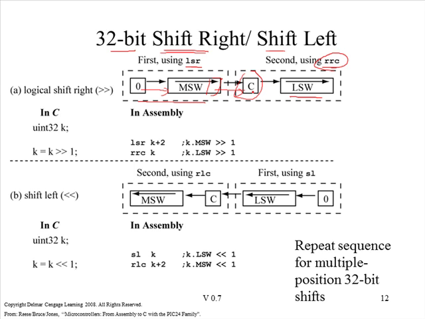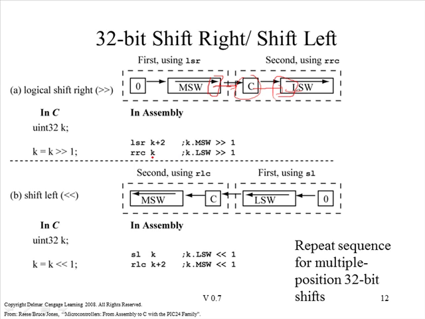This will take the carry flag and rotate that into the most significant bit of the least significant word, while this least significant bit will rotate out and into the carry flag, which we don't really care about. The key thing is that this instruction sequence will capture this least significant bit falling off the end into the carry flag, and then move that into the most significant bit of the least significant word.